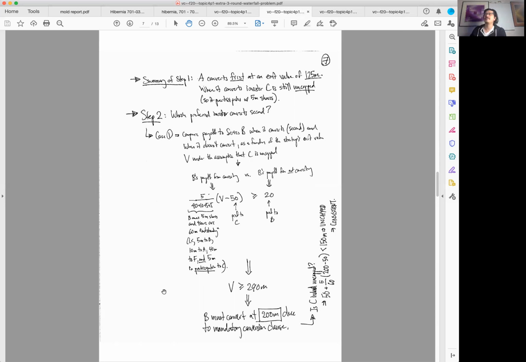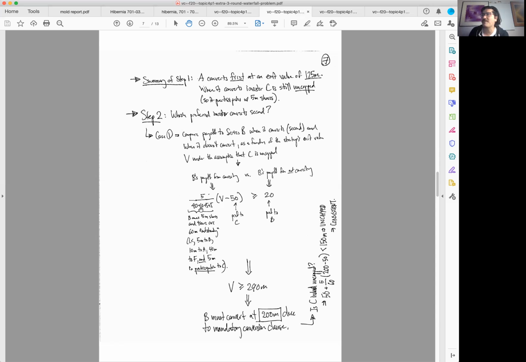So let's take a look at the conversion decision, assuming that C is uncapped for B. Well, B gets 5 million shares. When they convert, how many shares total would there be? 40 million to founders, 10 million to A because A is already converted, 5 million to Series B and 5 million in participation to Series C because C is still uncapped.